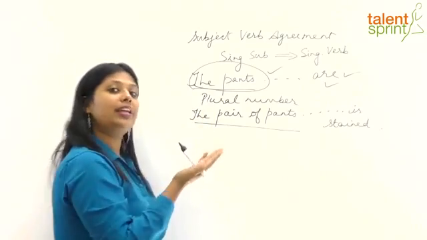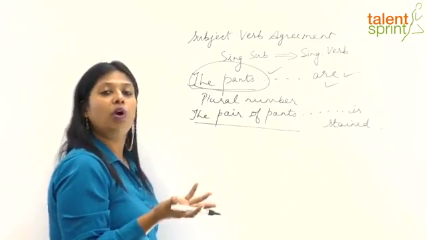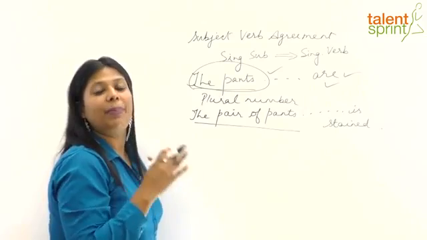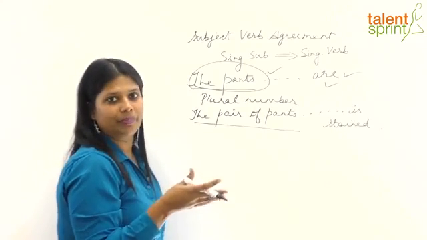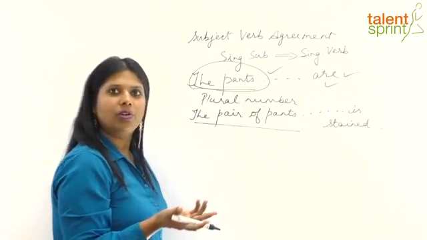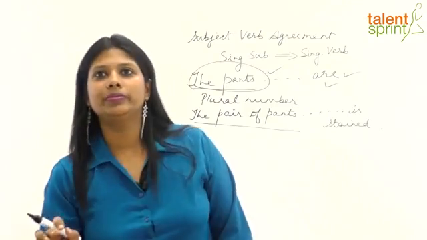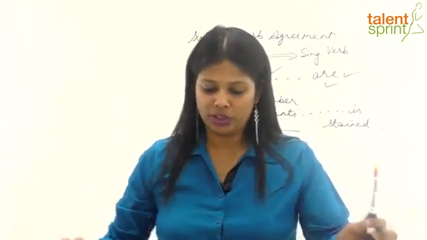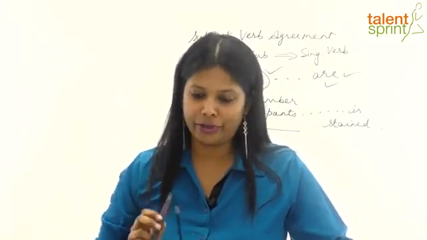If I said the pants who I bought yesterday, that would have been incorrect, isn't it? So that is the reason we're saying the pants that I bought yesterday are stained already. Got it? Right. So that is the point that I wanted to make. So let's get on with what I have for you.